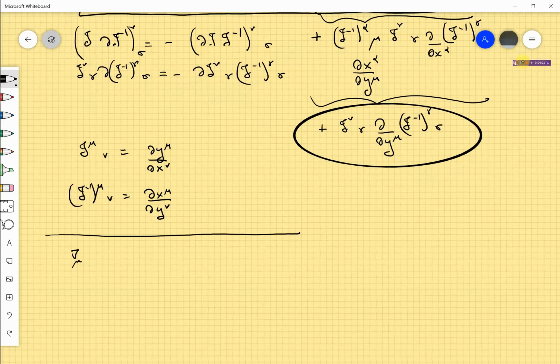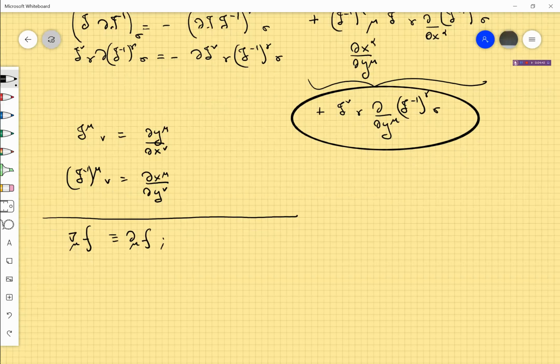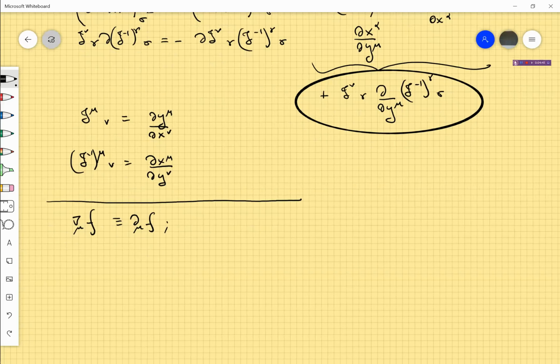So, for instance, for scalar fields or functions, this covariant derivative is just the partial derivative. You can just see by using the chain rule that the partial derivative of a scalar is a covariant vector field or a one form. So it is covariant. This would be the first extension.